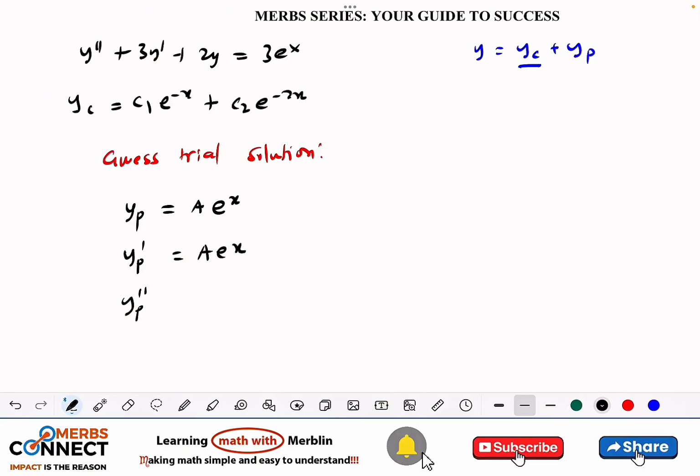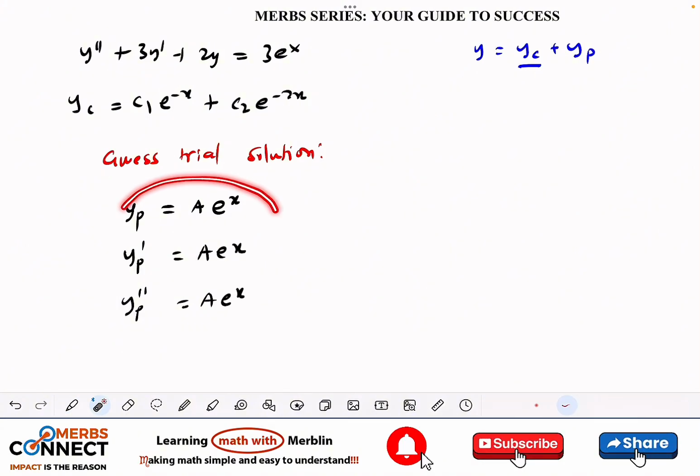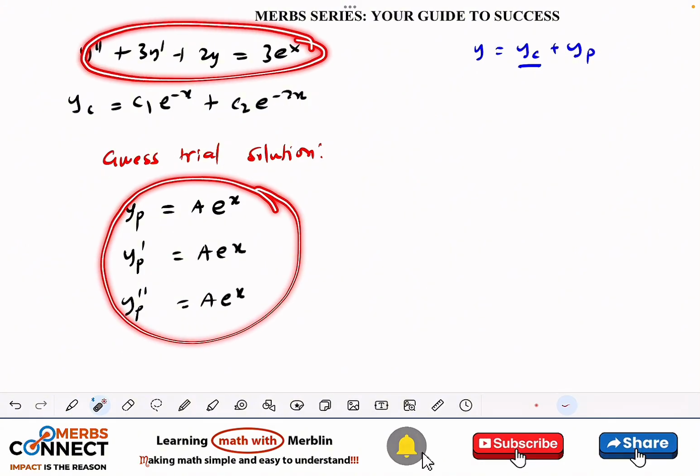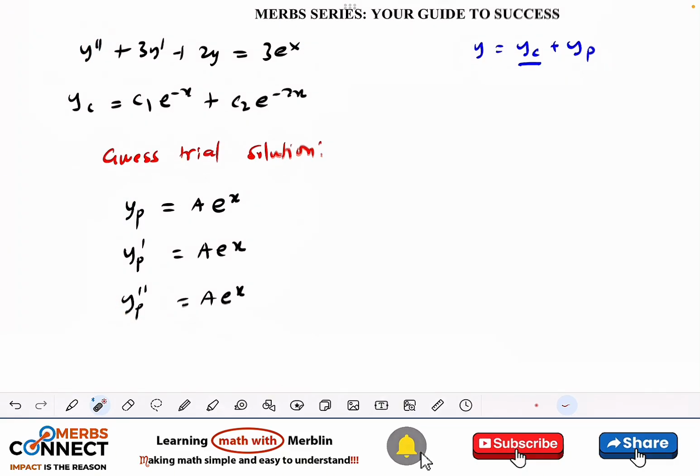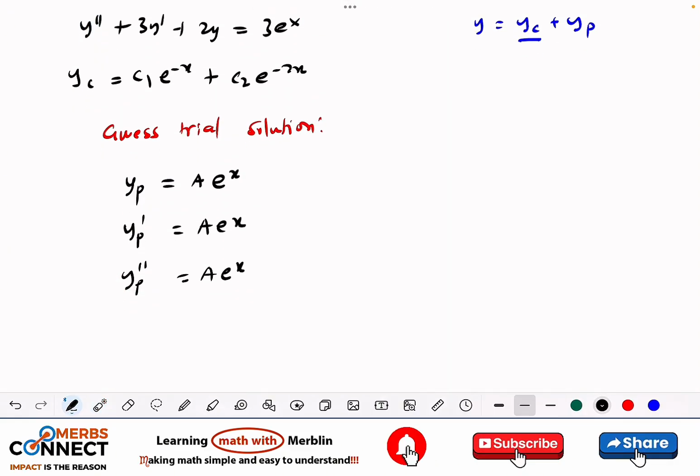Y prime prime again gives me the same thing. So I'm going to plug this into the non-homogeneous equation, the original equation. So let's see what we are going to get. We are going to have AeX plus 3AeX plus 2AeX, which is equal to 3eX.